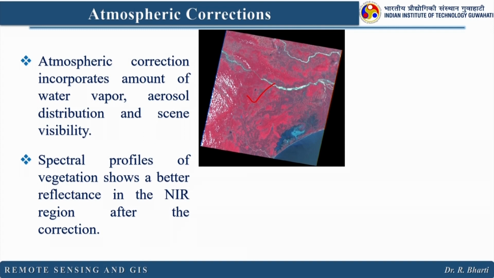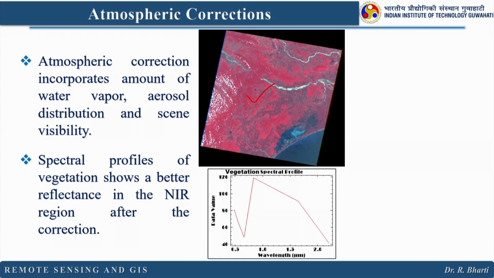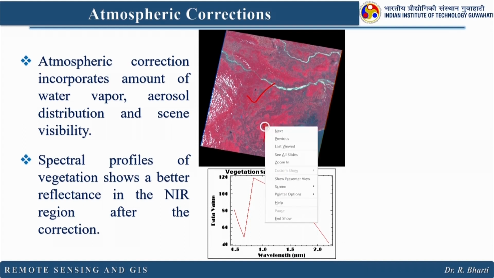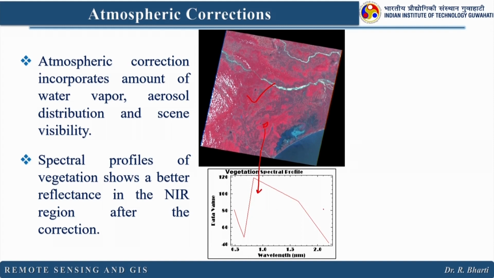What we did, we captured DN values, then converted them to radiance and then converted them to reflectance, right. And for a given pixel, let us say this red color is vegetation and this pixel has this spectral profile. How are we getting this spectral profile?